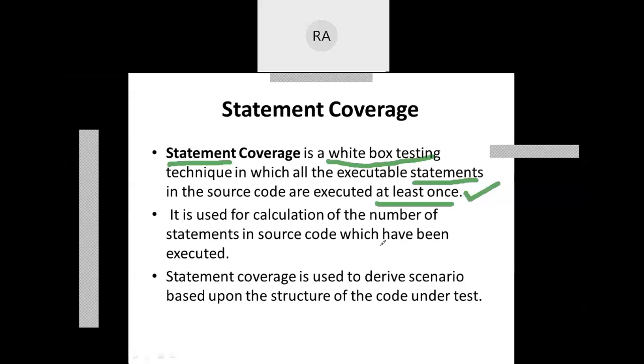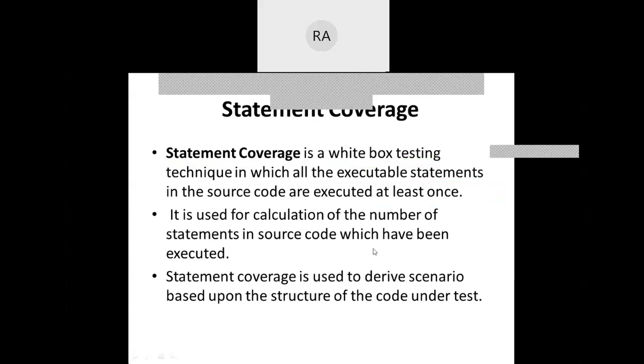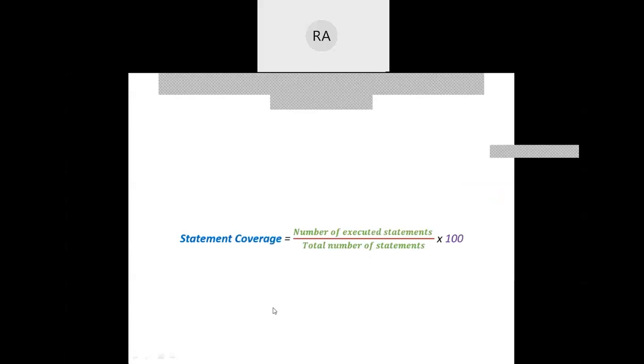Statement coverage basically deals with testing the executable statements in the source code. After that, we have the formula for finding the statement coverage, or arriving at the quantitative measure associated with it. It is very easy.